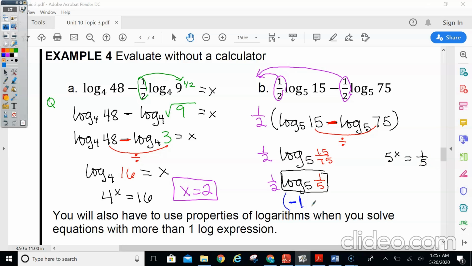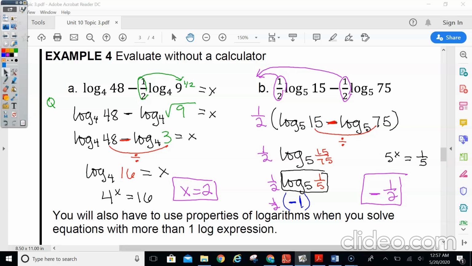So -1 times 1/2 is going to give us that this answer is equal to -1/2. Okay, so using the properties of logs in a slightly different way, but we can still evaluate it without using a calculator at the end.